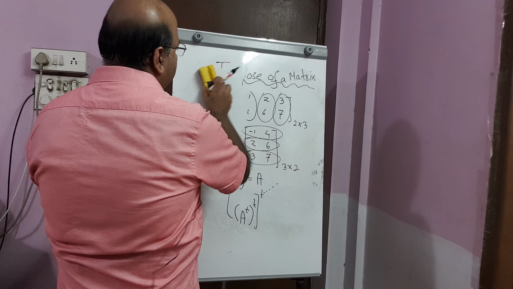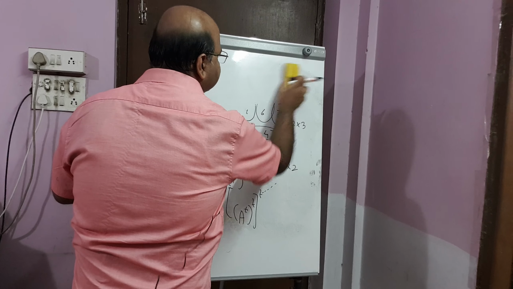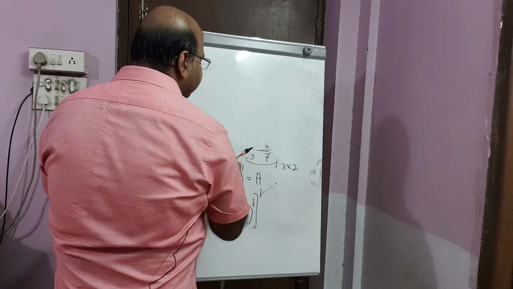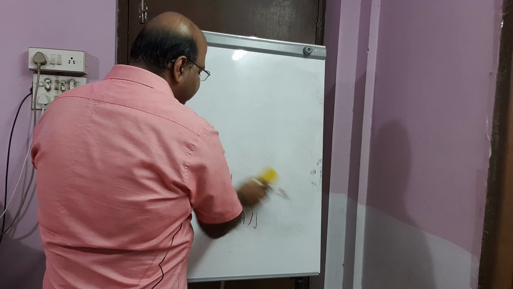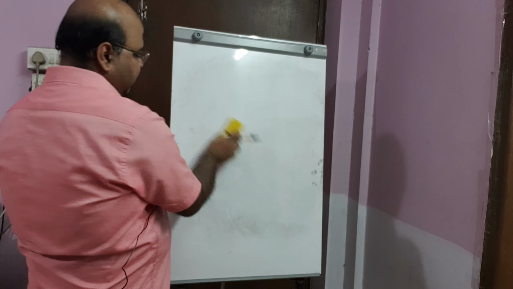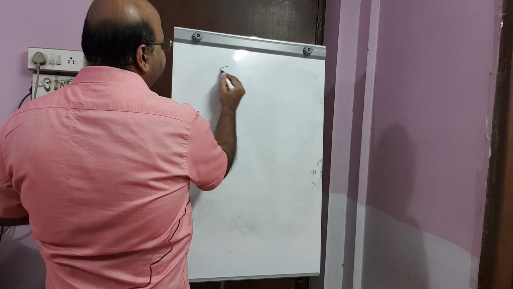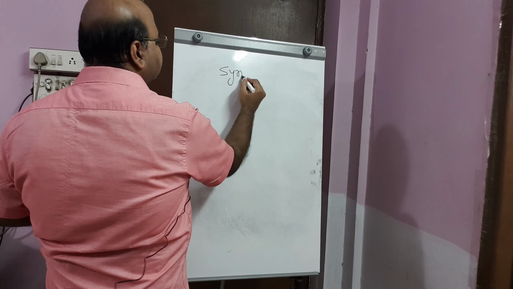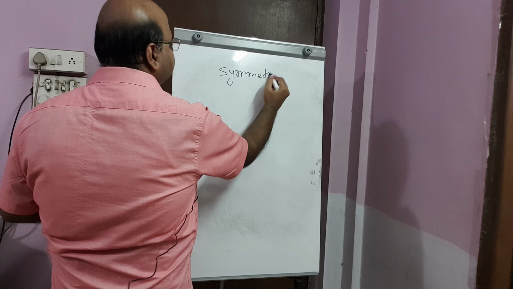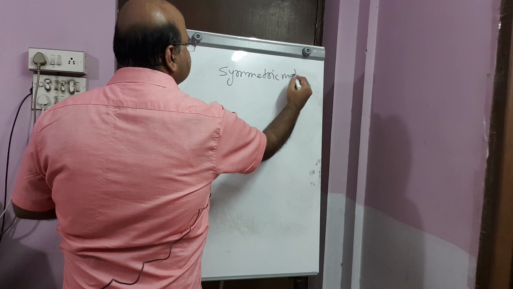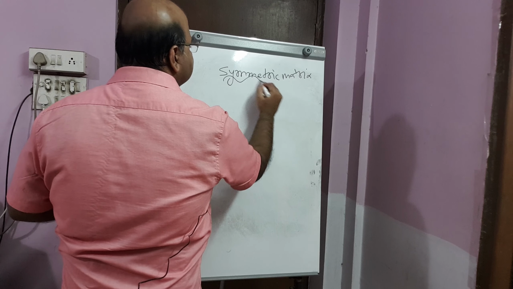With the help of the transpose operation, we can now discuss the symmetric matrix. The next type of matrix is the symmetric matrix. Symmetric matrix means it is a square matrix.